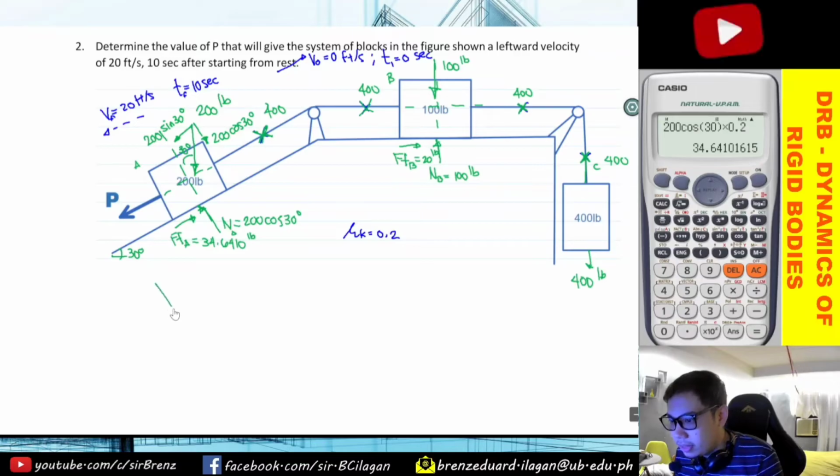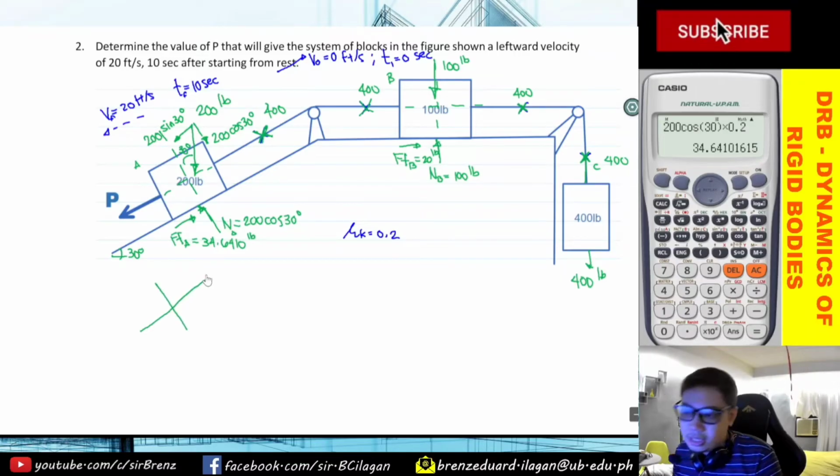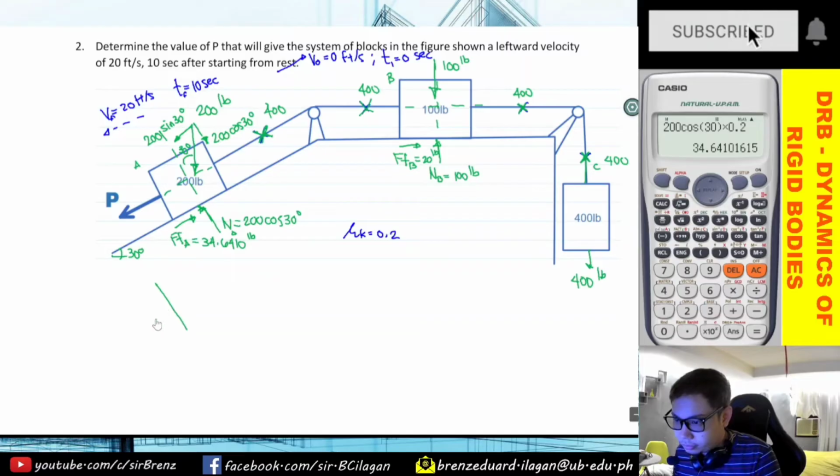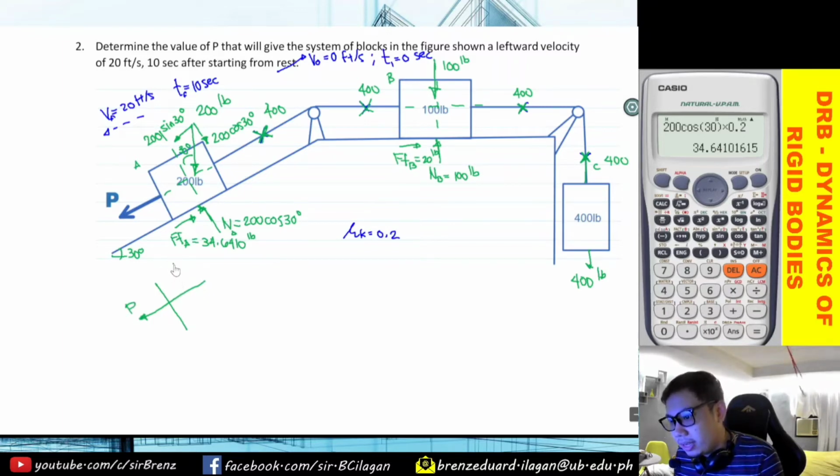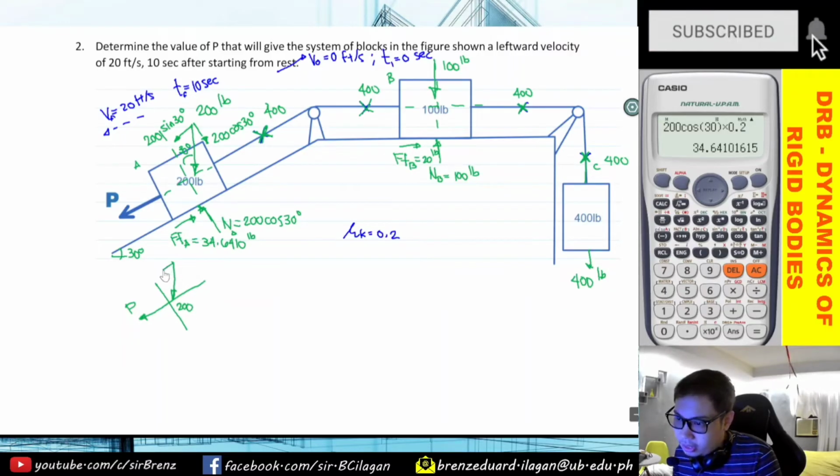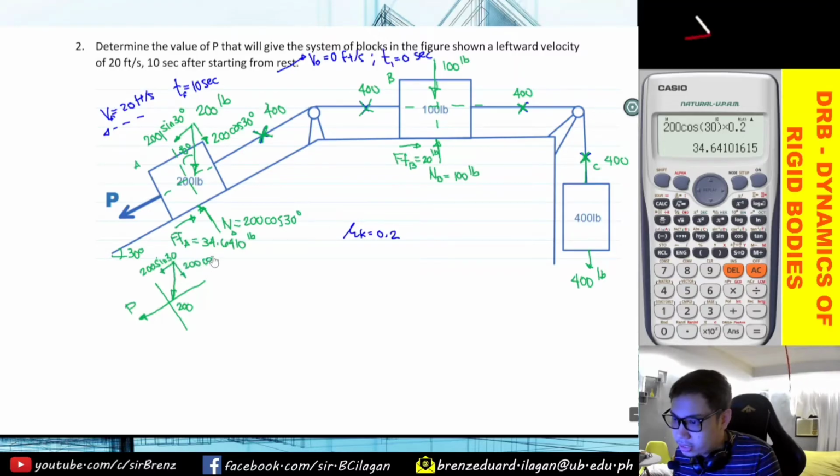So una, yung mga forces mo are the following. We have here force P. And then you have here the weight of the block na 200. Its X component is 200 sine 30. The Y component is 200 cosine 30.